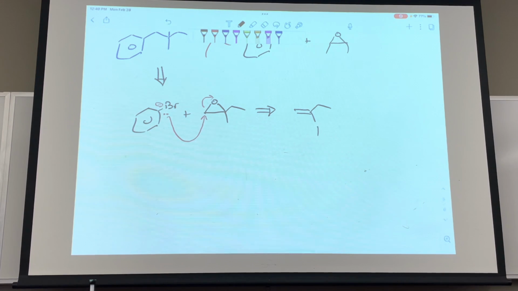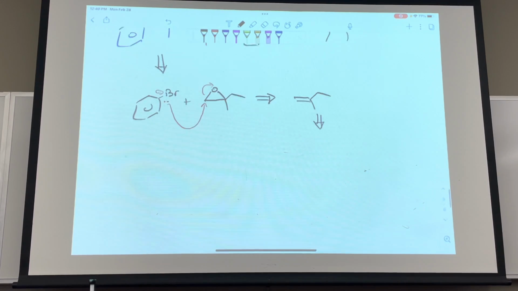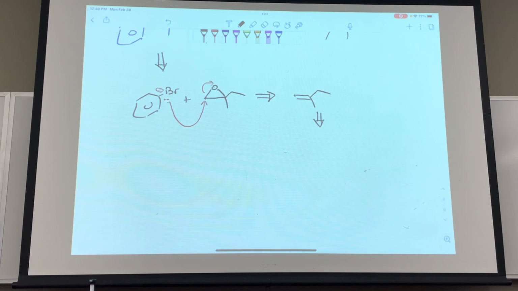So there's a couple ways you could go about that, maybe doing a Grignard between those guys. And then, that would give you that 5-carbon alcohol with the OH group kind of in the middle.